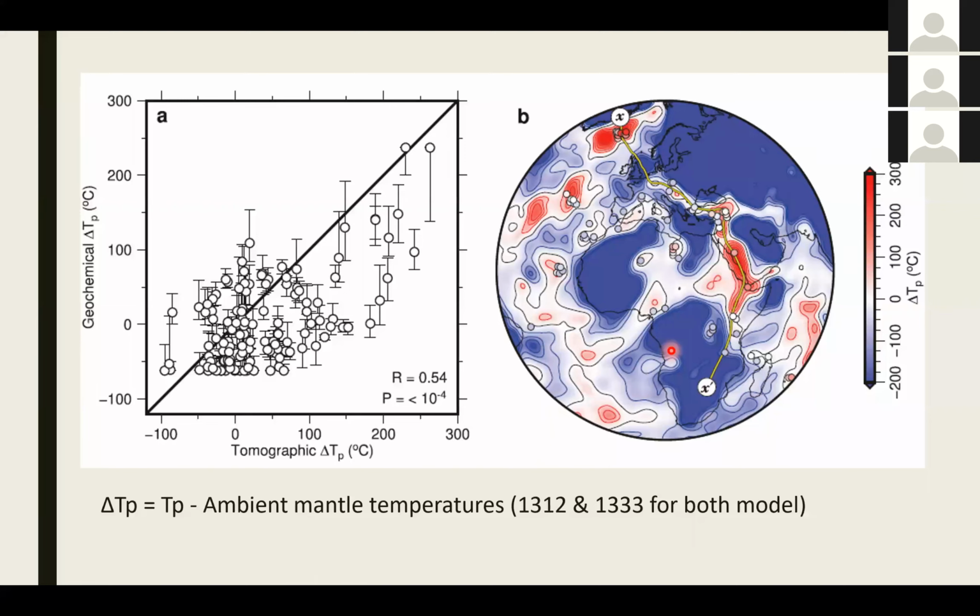After they got the inverse geochemical model for calculating temperature from REE concentrations, they calculated the temperature of all the data with this model.